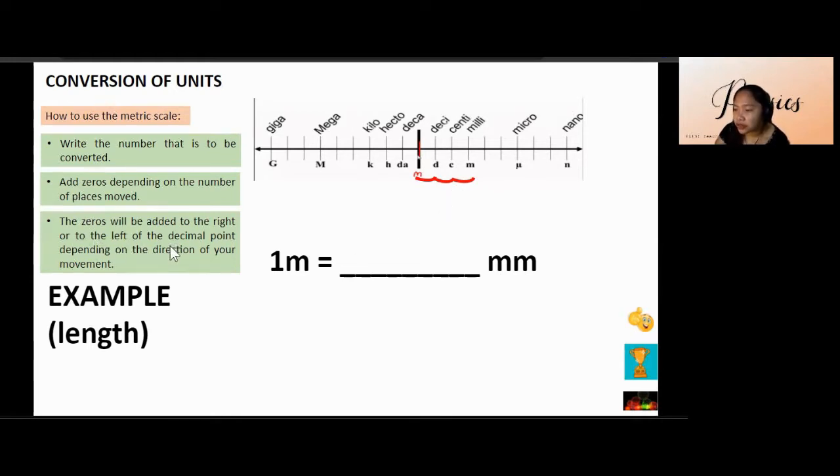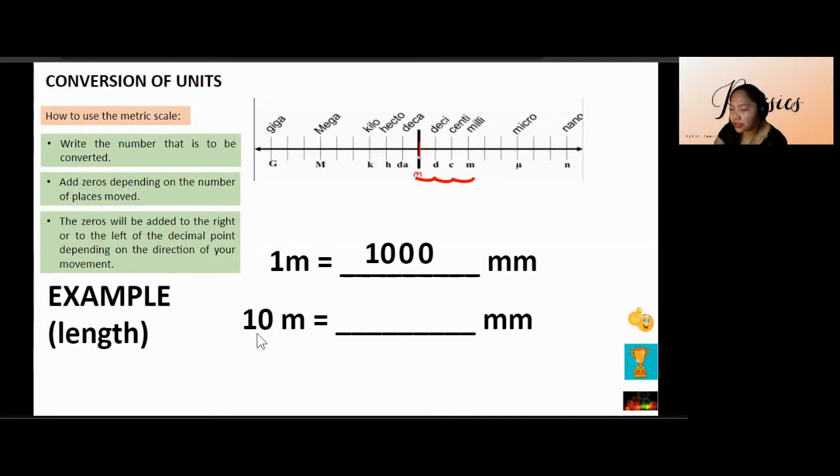And it says here the zeros will be added after the decimal point. After 1 is the decimal point, so we move 3 places to the right. 1, 2, 3. And the places to the right, you fill with zeros. So we have an equivalent value of 1000 millimeter, and that's equal to 1 meter.